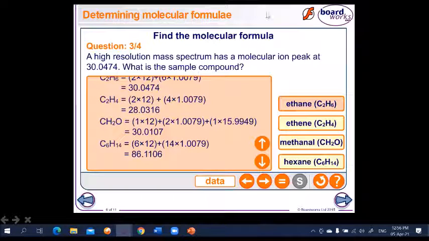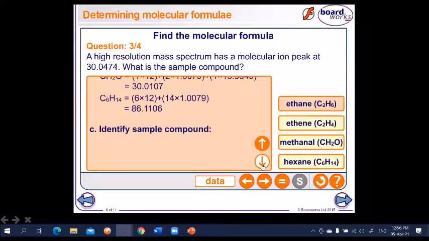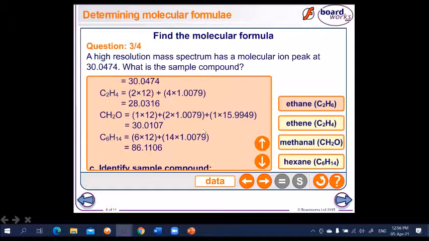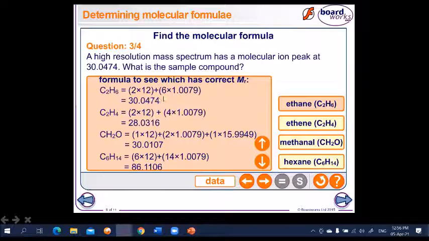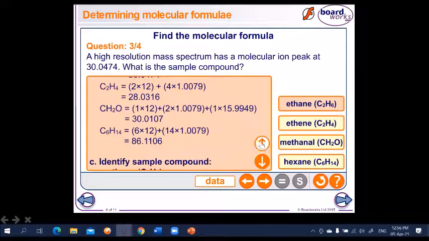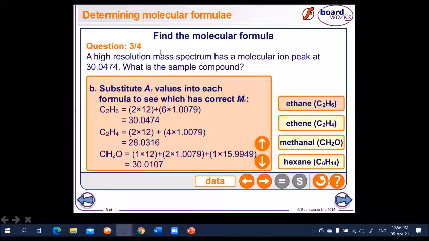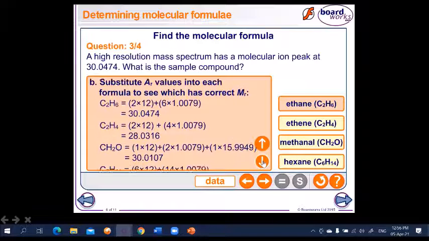Then the sample compound is C2H6. Why? Because that is the closest one. So we know that the mystery compound is C2H6.